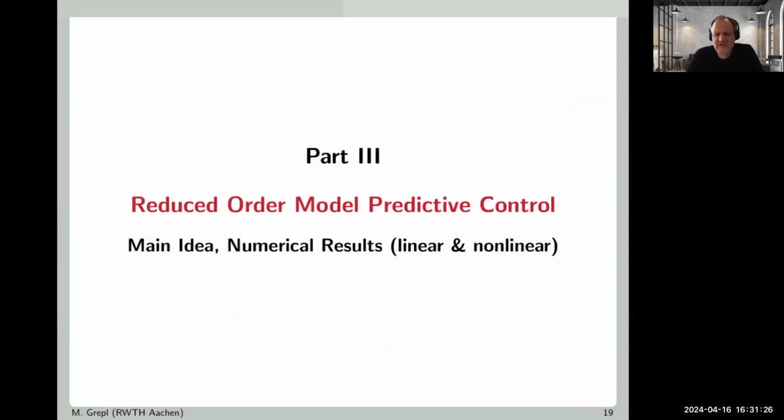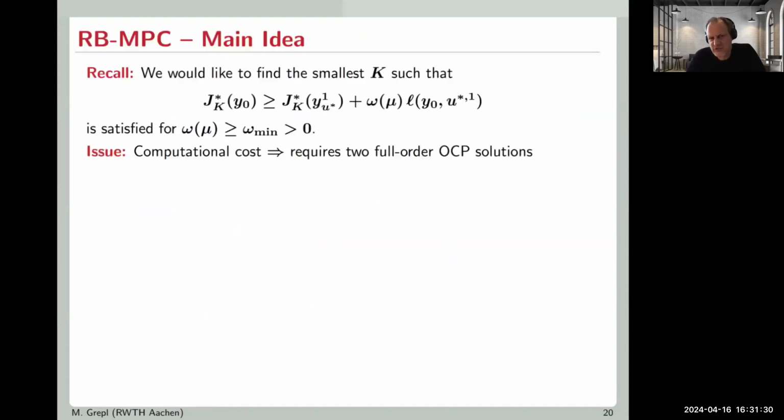So let's go now back to model predictive control and combine that with the results that we just saw. So recall that we said we would like to find the smallest k. This is the smallest stabilizing horizon, so that we are as efficient as possible, but still stable, such that this relaxed dynamic programming inequality holds for some suboptimality degree omega of mu greater than 0.